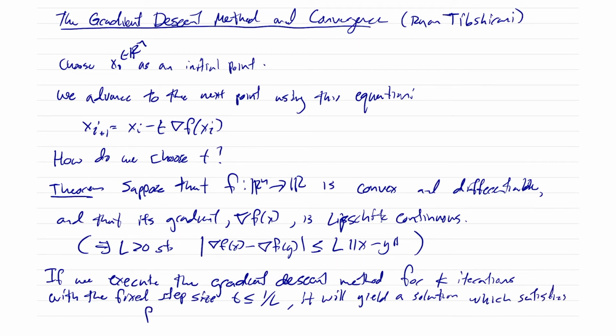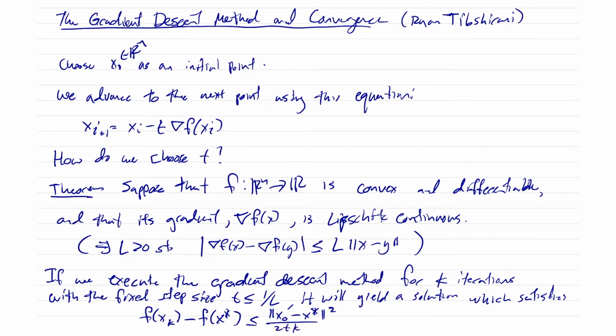So basically we're going to have the kth step, f of x k, minus f at x star, where x star is the minimum, is less than or equal to the norm of x naught minus x star squared, divided by 2t times k.